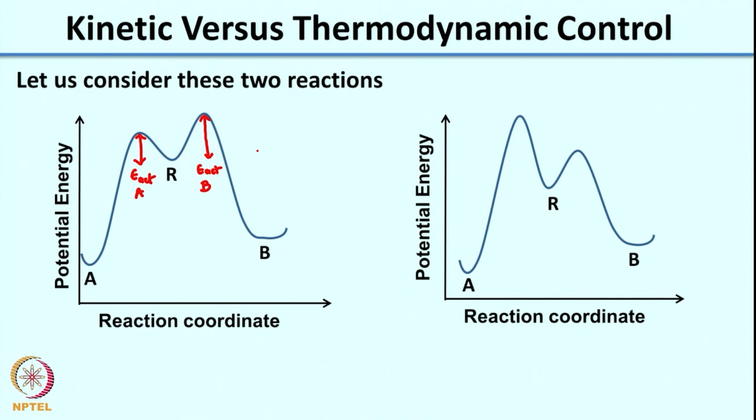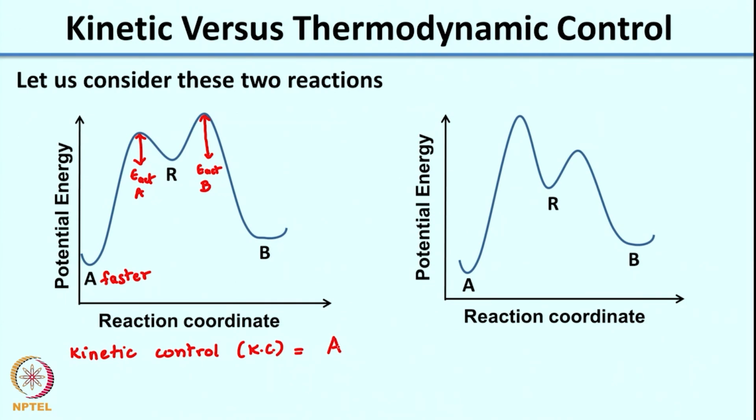The energy of activation for B is higher. So, which reacts faster? A reacts faster. So, under kinetic control, which we can call Kc, what would be the major product? A.